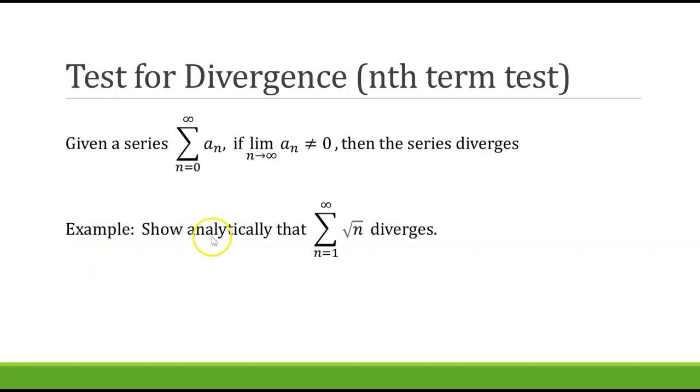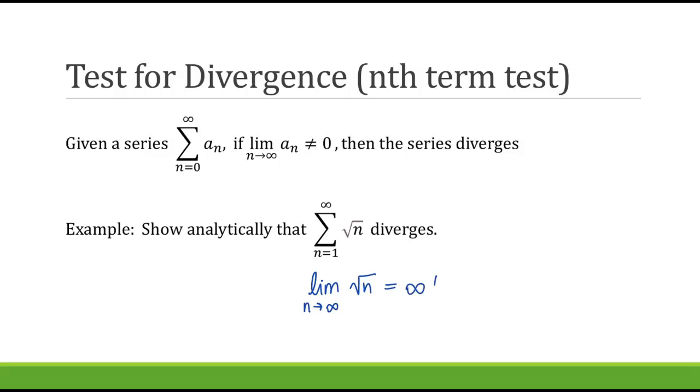So as an example, we're going to show analytically that this infinite series we looked at a second ago diverges. We kind of said, yeah, it looks like it diverges because we did the partial sum list, but to analytically show that this diverges, we are going to use this test for divergence. And so we're going to say that the limit as n approaches infinity of the square root of n is equal to infinity, right?